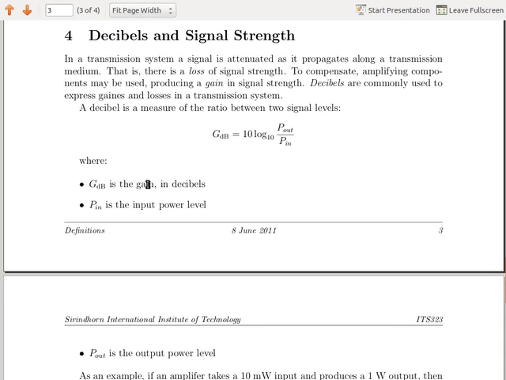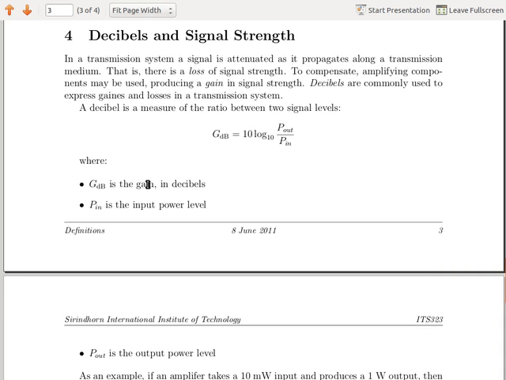And there's some information on what decibels are. I think you may have covered this in other courses, even in high school, so we'll go through it quickly, with just enough information for what we need. In any transmission system, we transmit a signal at some strength.